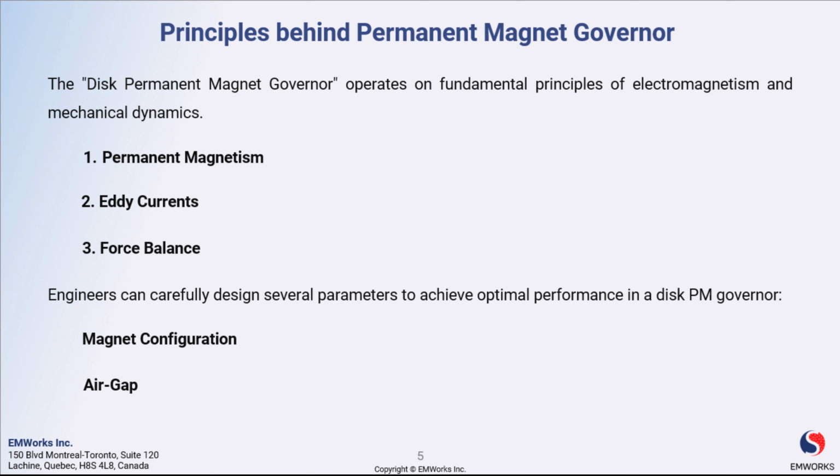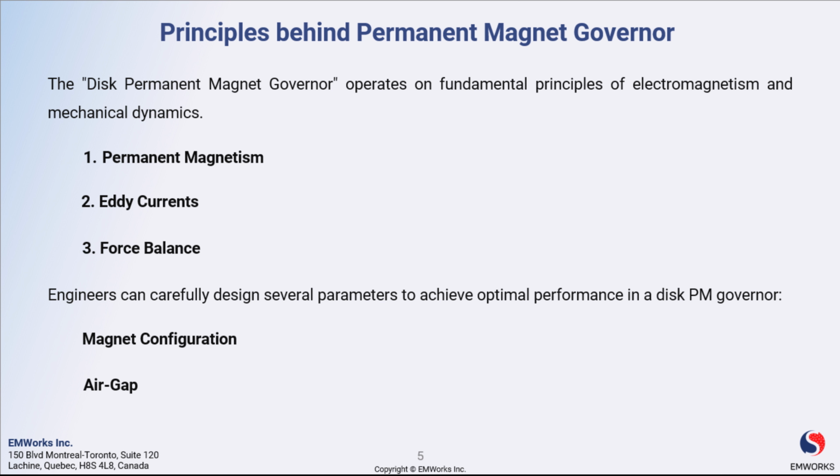Next, the disk permanent magnet governor operates on three fundamental principles of electromagnetism and mechanical dynamics. The first, permanent magnetism. The governor incorporates permanent magnets positioned on a disc-shaped rotor.